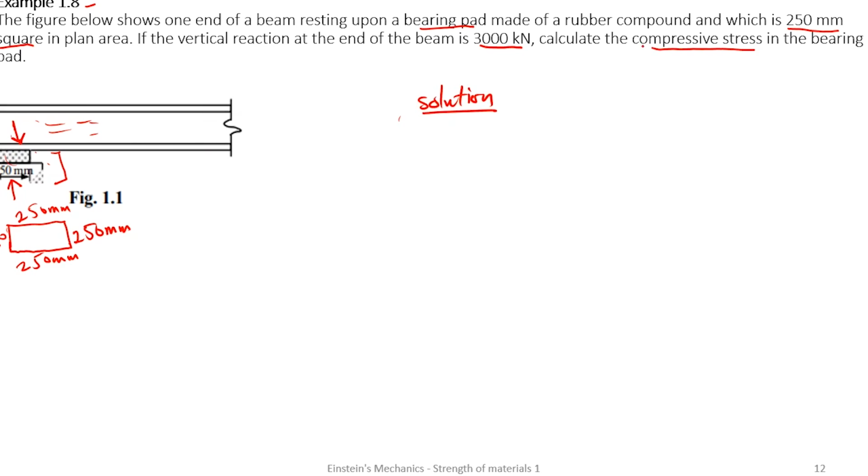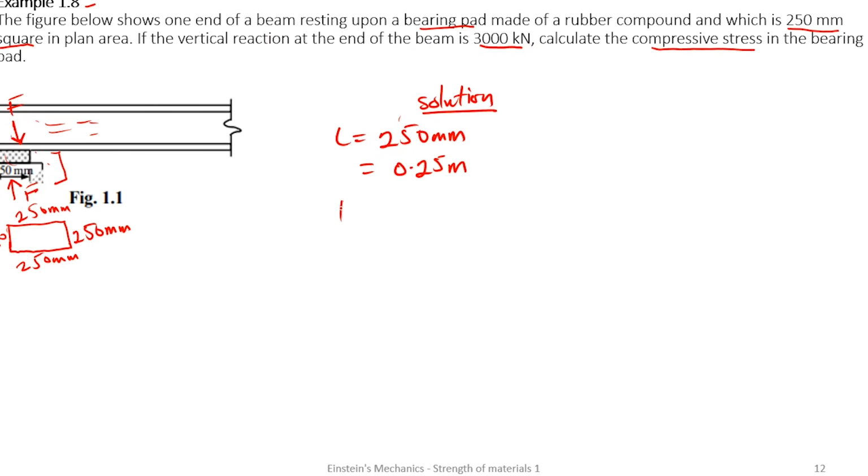So from the question, we have the length to be 250 millimeters, which is the same as 0.25 meters. And the reaction, remember this reaction is a force which is acting. F is a force. Look at the units, kilonewtons or newtons.